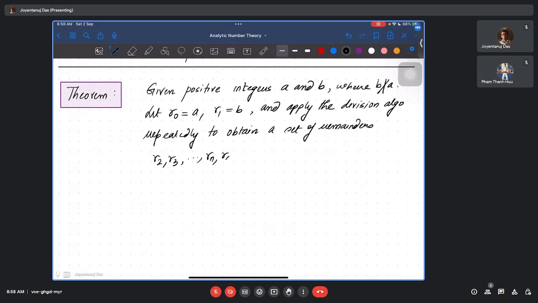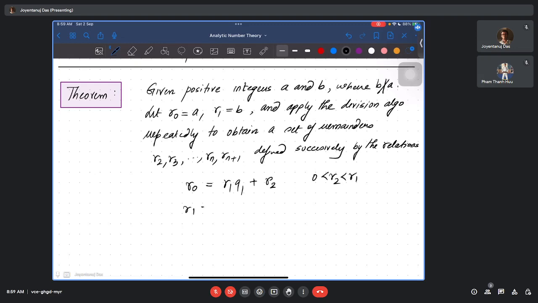Rn and Rn plus 1, defined successively by the relation like this. That is R0 equals R1 Q1 plus R2, where R2 is strictly less than R1.